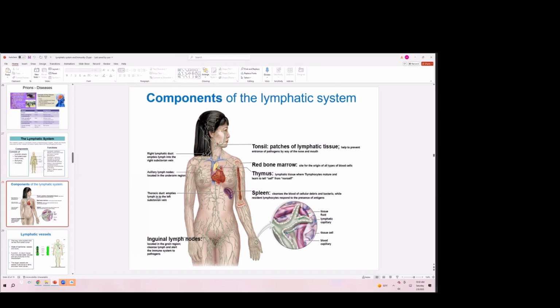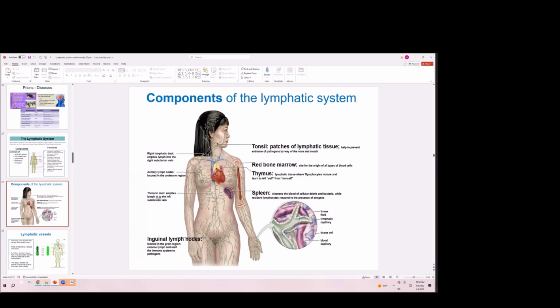They learn to recognize features on our own cells, so that they don't attack our own cells. When these white blood cells mature here, some of them get back into the lymphatic vessels. All of these green lines are lymphatic vessels.